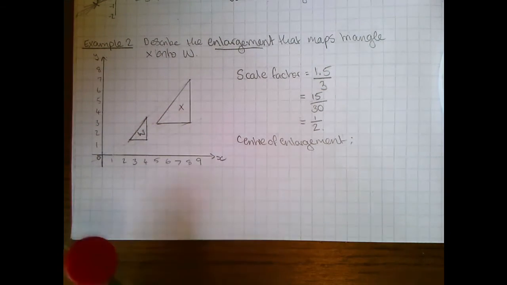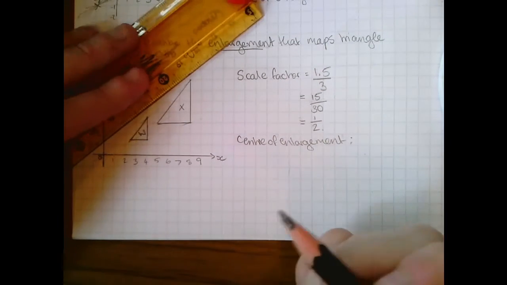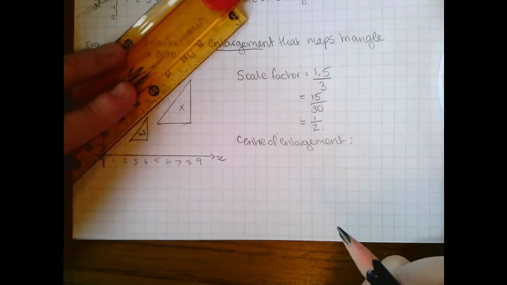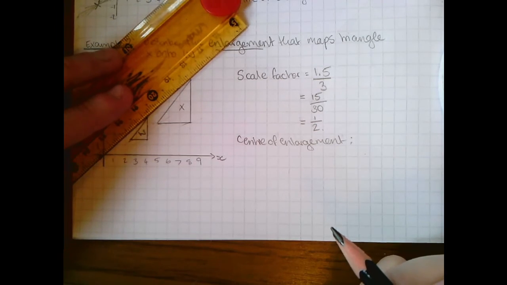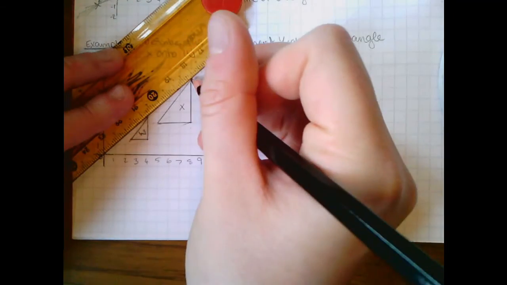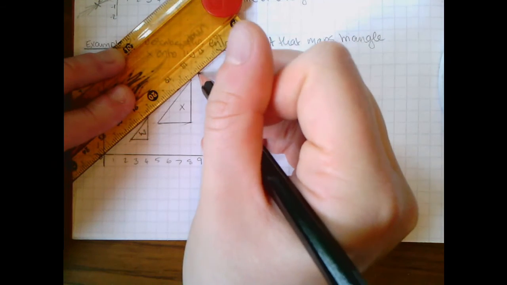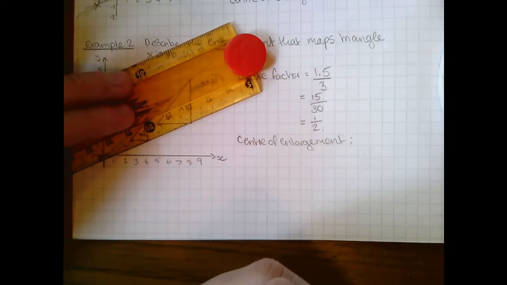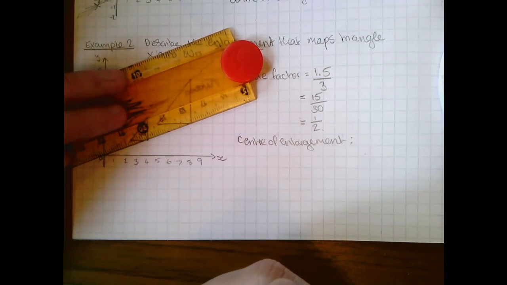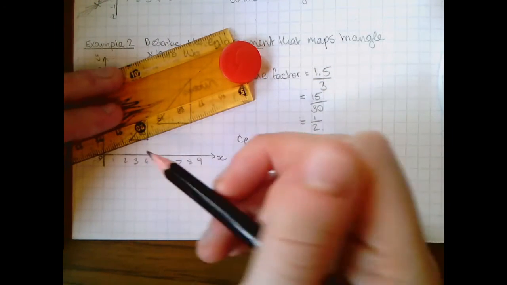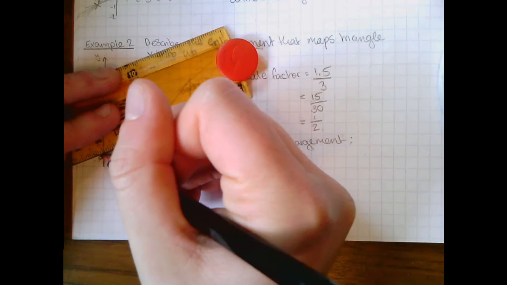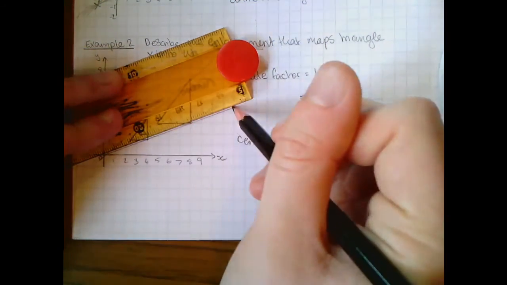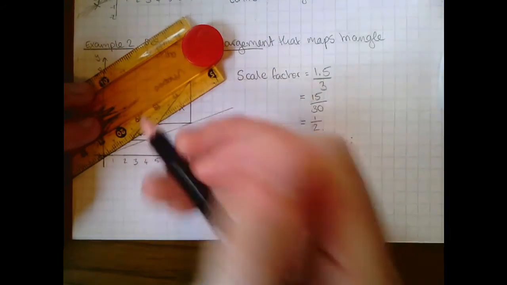Then bringing us on to our centre of enlargement, we can see that if we join our corners up, so these two corners correspond to each other, we'll join that up with a nice sharp pencil. The two right angle corners, join those two up. And then this final corner here.